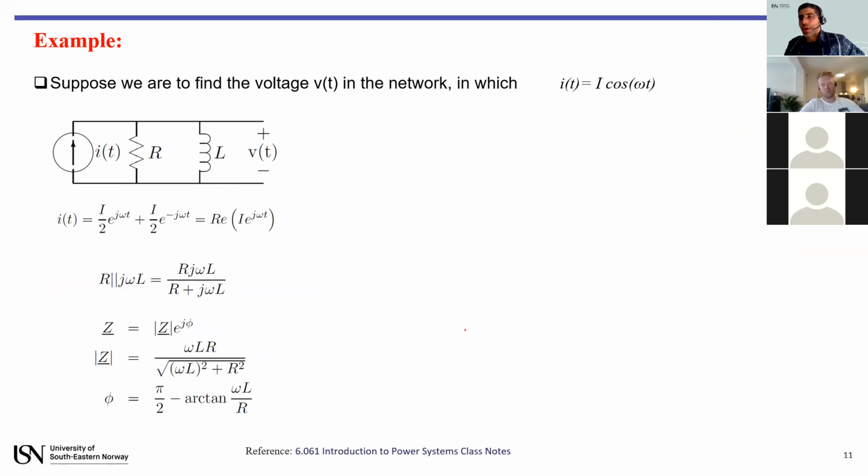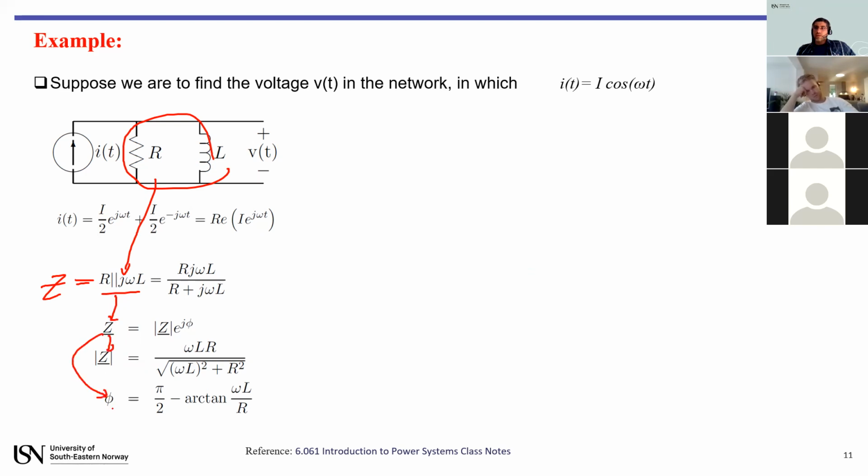Okay, so now you can understand this part better. When you have parallel, you can write this as a Z, and the amplitude of this Z will be this one.